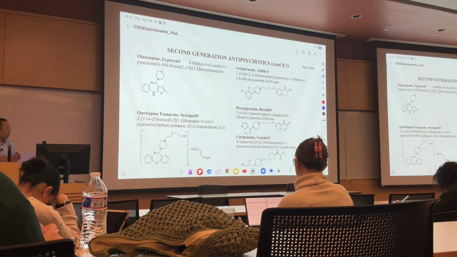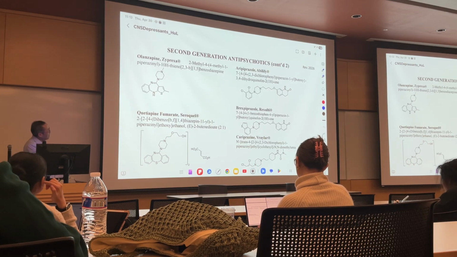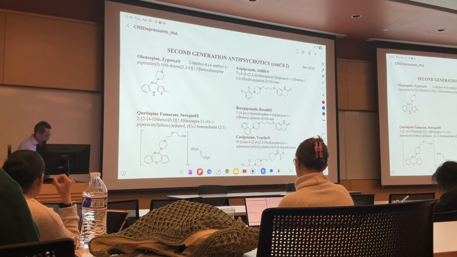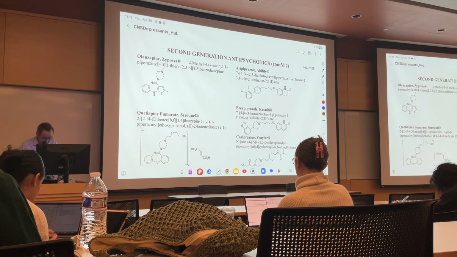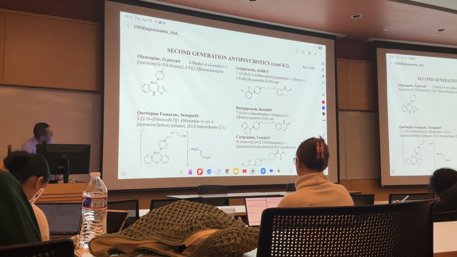But these two drug molecules, what you're seeing here, at least the first one, olanzapine. The difference is on the right-hand side, you have a sulfur-containing ring system replacing the phenyl ring.